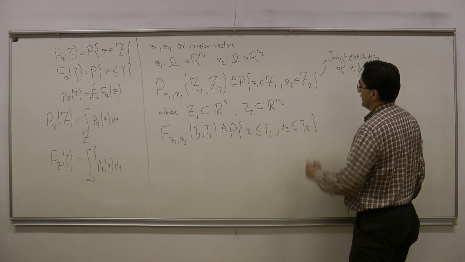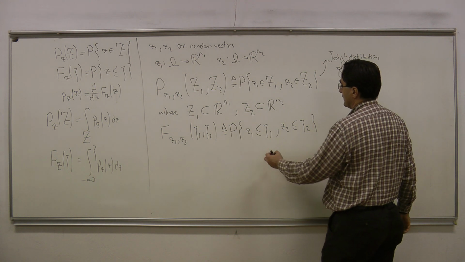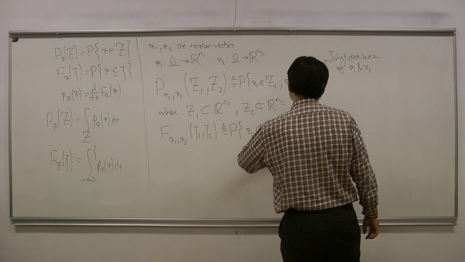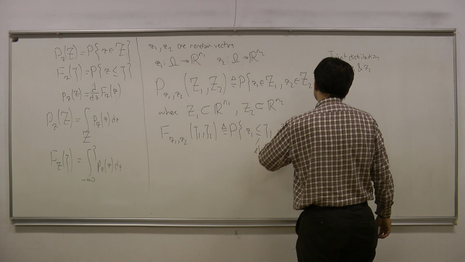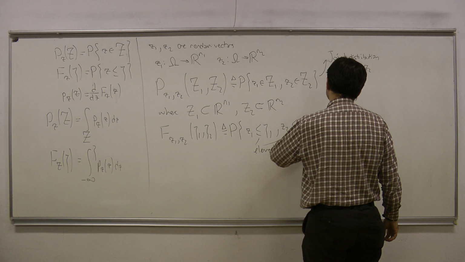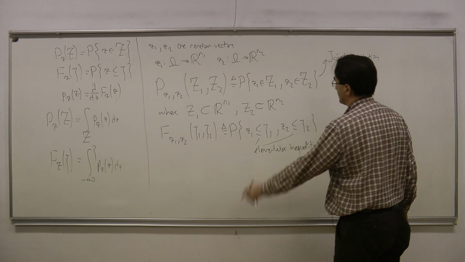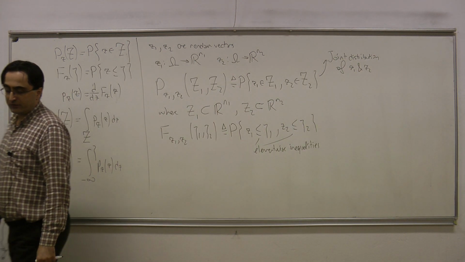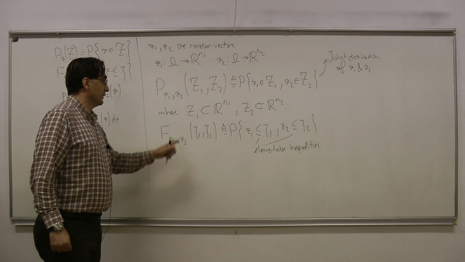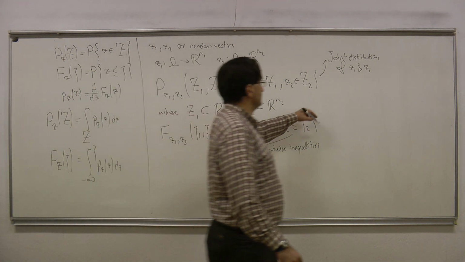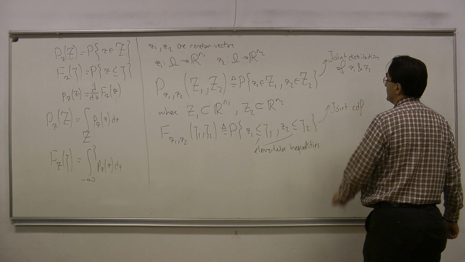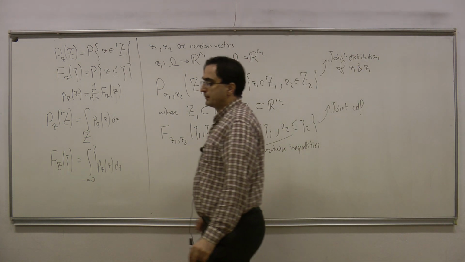These are again element-wise inequalities. And I want both of these events to happen at the same time, and I need its probability as the joint CDF. This is the joint CDF of Z1 and Z2.